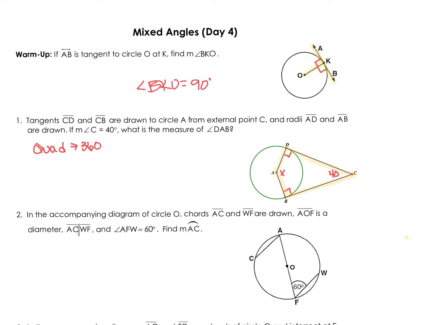Well, we already know one of the angles is 90, another one is 90, and the last one is 40. So if we add all of those up, we get 220. So 360 minus 220 leaves us 140 to go right there. So that would be our answer.